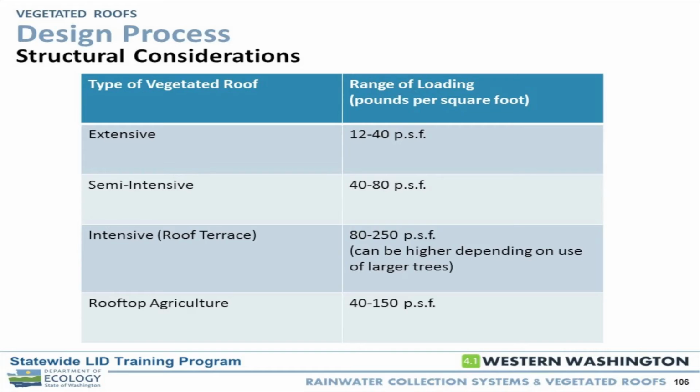If you're doing new construction, I'll usually recommend building the structure to about 30 pounds a square foot, and that gives us a great 4-inch green roof with a lot of flexibility. Semi-intensive goes up to 40 to 80, adding soil depth and potential biodiversity. Roof terraces themselves can get very heavy and very complex depending on the size and the type of vegetation you want to add.